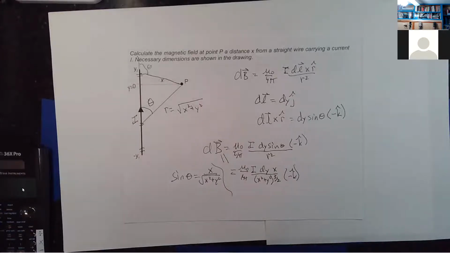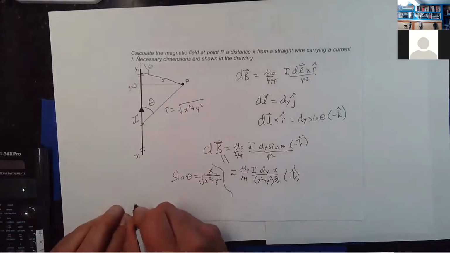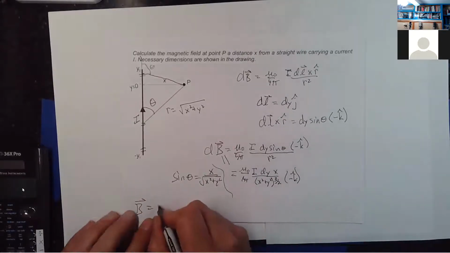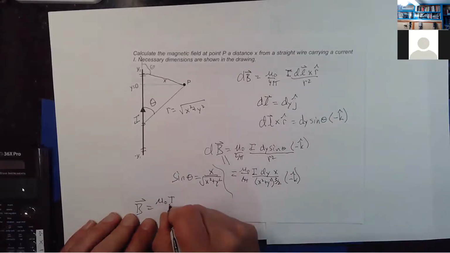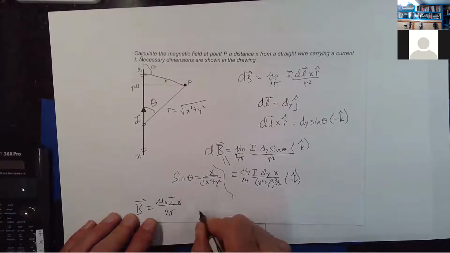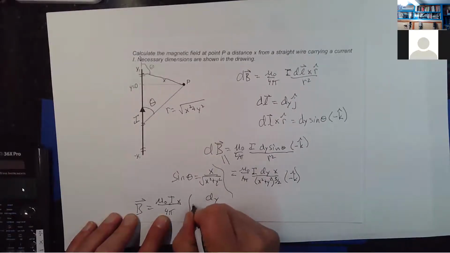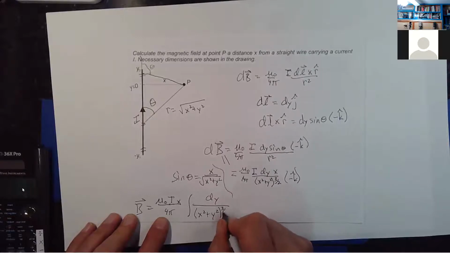Well, B is going to be an integral from here to here, the magnetic field due to that thing. And so that'll be, I'll pull out all the constants, which are mu naught I x over 4 pi, and then the integral of dy on top, and x squared plus y squared to the 3/2 on the bottom.